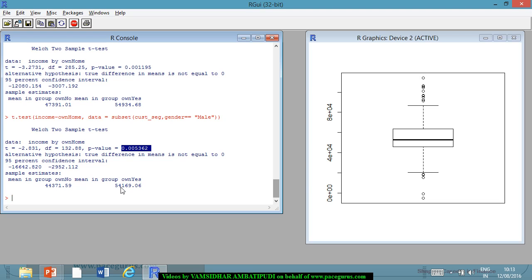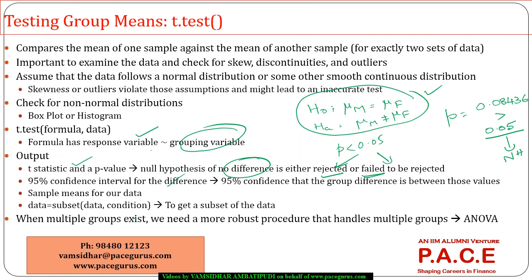For people who own a home, the mean is around 54,169. For those who don't own a home, it's around 44,371. So you can take either the full data or a subset of data, but we need to know how to interpret the output coming out of the t-test.